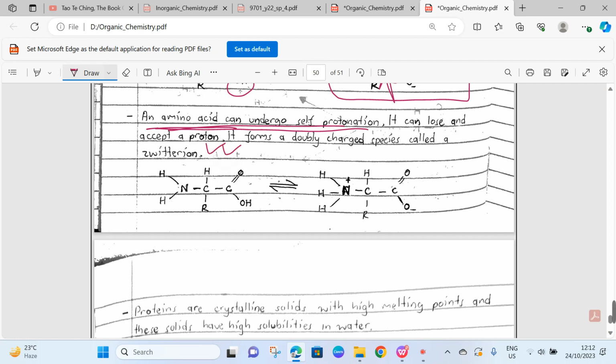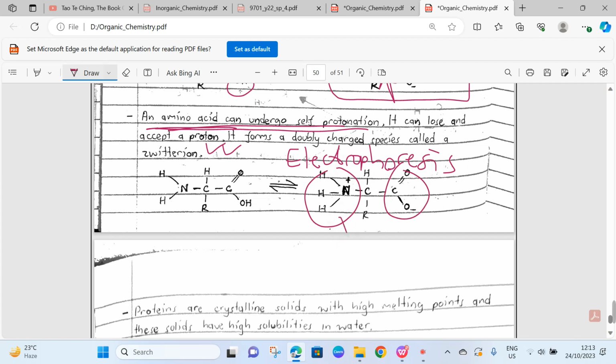You're going to find more of these Zwitter ions when you study electrophoresis, but not in this video. So this is a Zwitter ion, a doubly oppositely charged species.